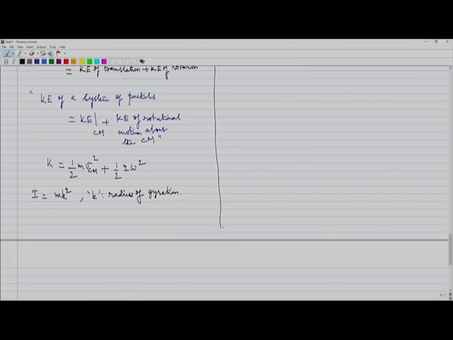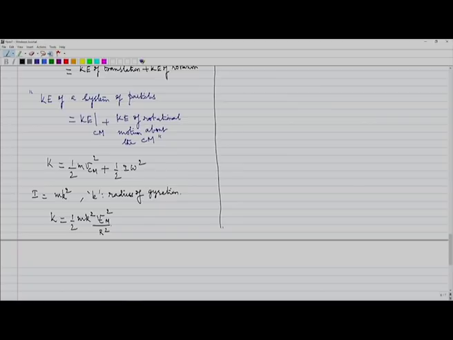Now K is equal to half m k squared times v cm squared by r squared.